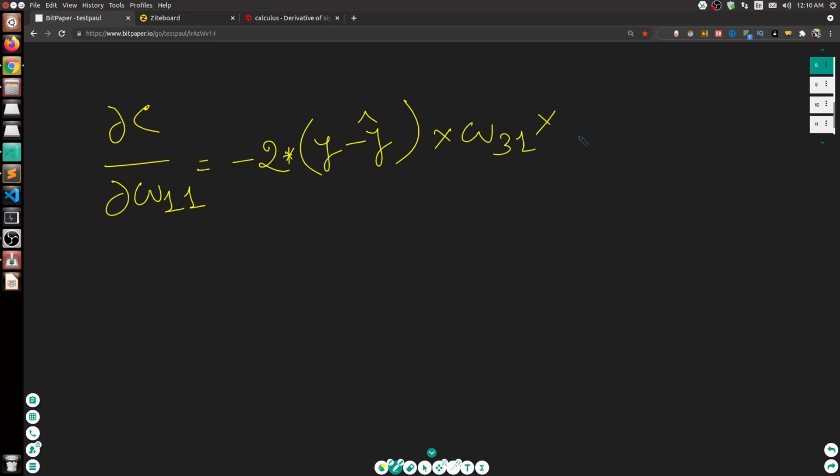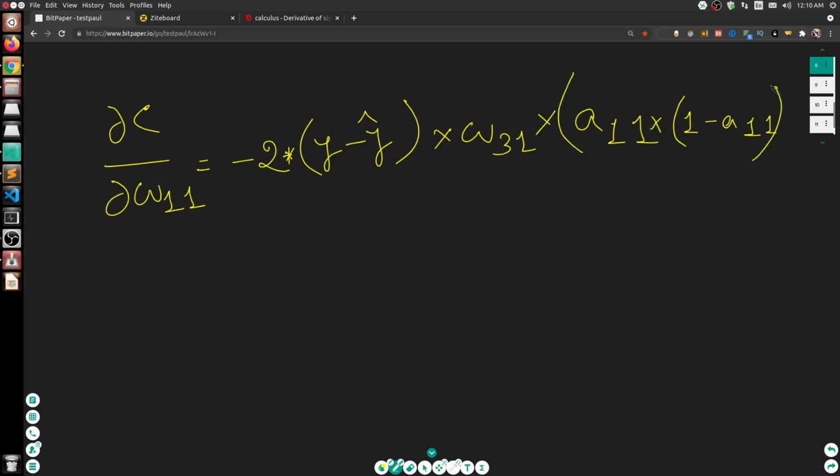Sorry, the third differentiation itself was A11 because that was a sigmoid function. So A11 into 1 minus A11.